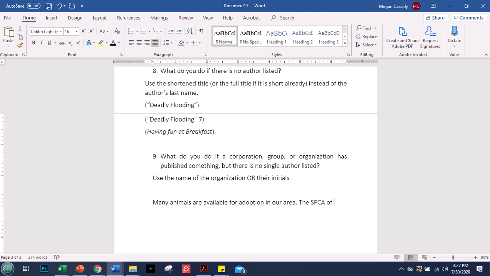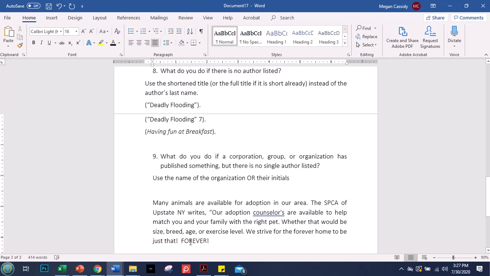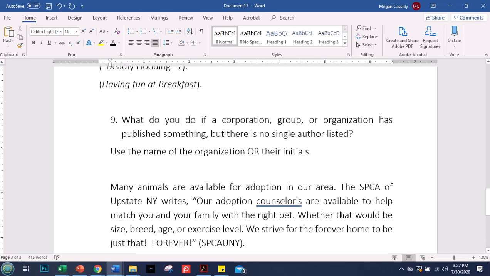The SPCA of Upstate New York writes, and then their quote. So that's the quote. And then we'd have SPCA UNY in our parentheses. I'm going to zoom in on that a little bit. Sorry, guys. Okay, so it looked like that.